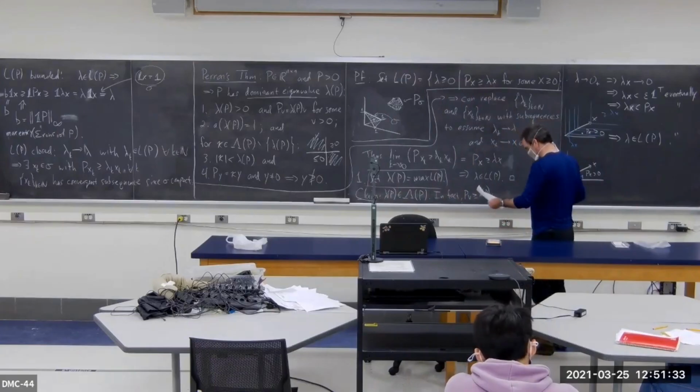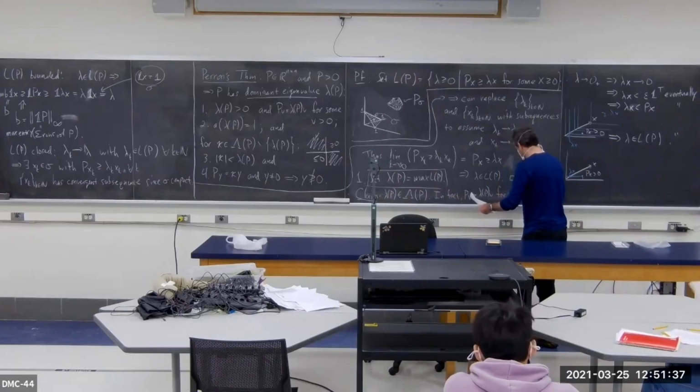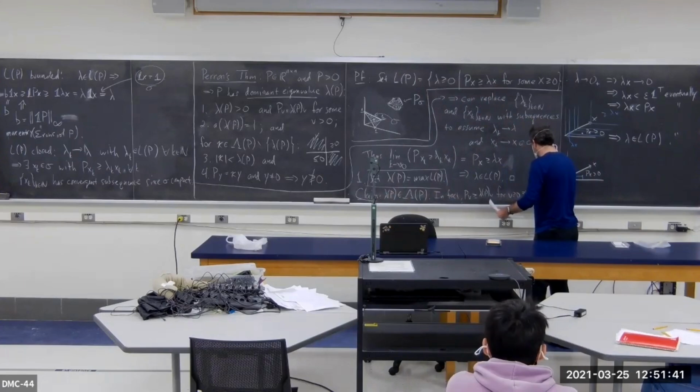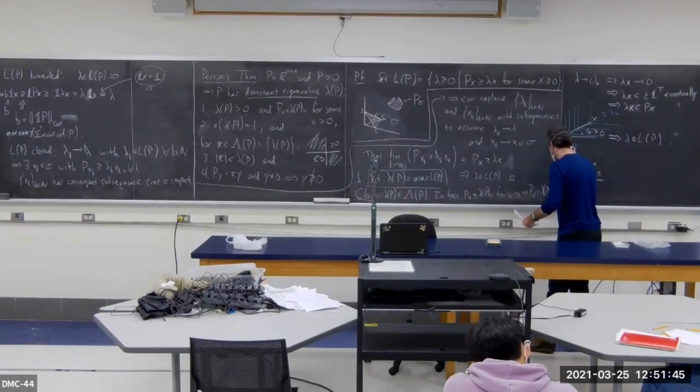Well, we don't know that yet, but for V greater than or equal to 0, this implies that in fact PV is equal to lambda of P times V.